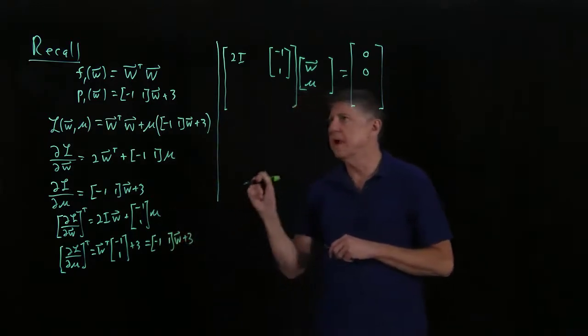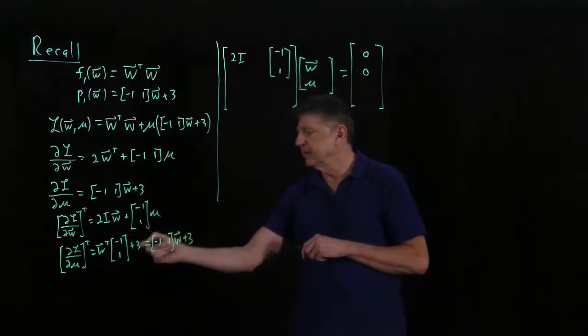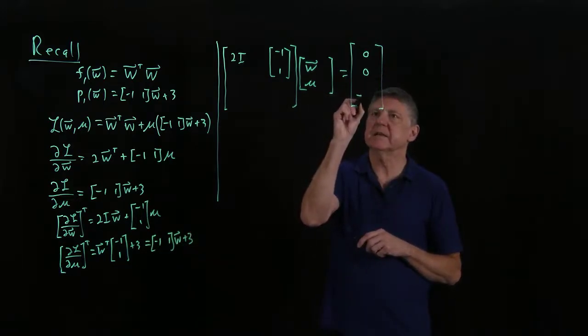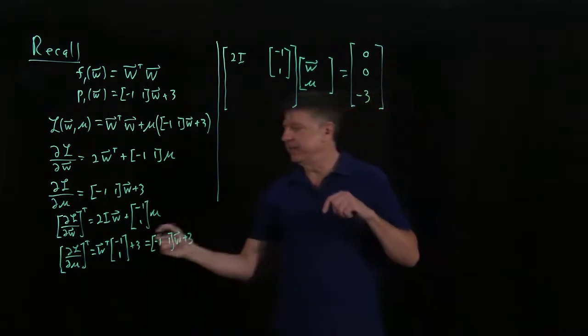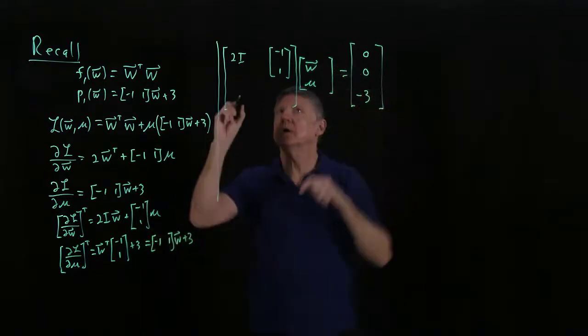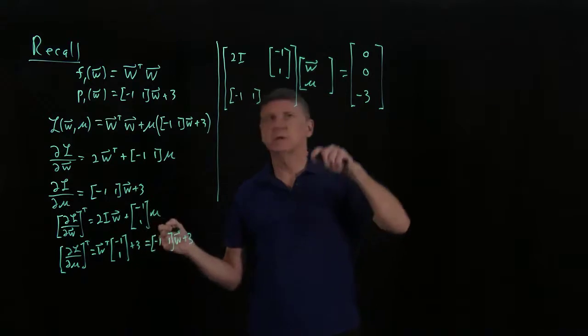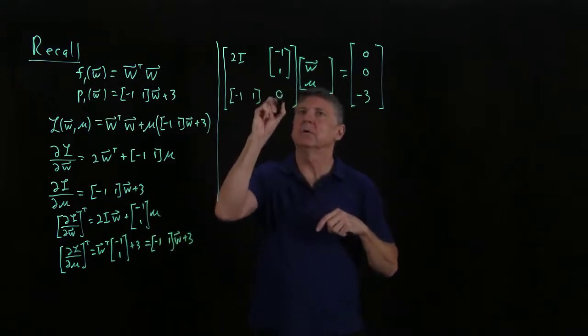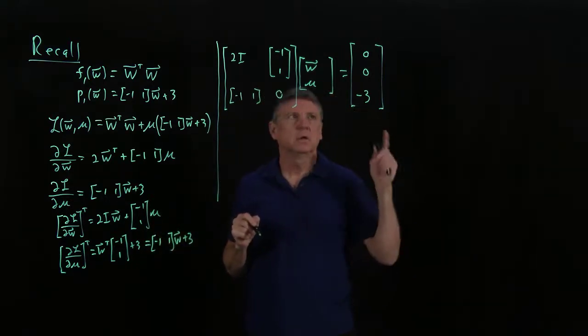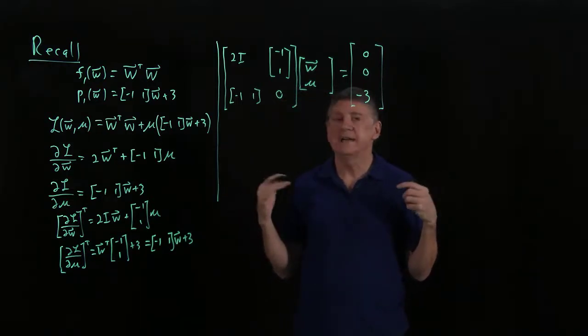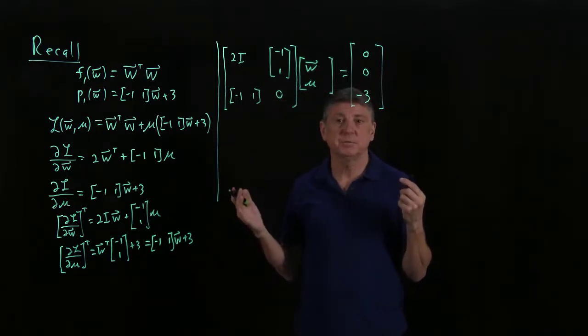Now when I set that equal to 0, the right-hand side will be minus 3, and this row will be minus 1, 1, 0 times W and mu. And so I've written down the Lagrange equation.